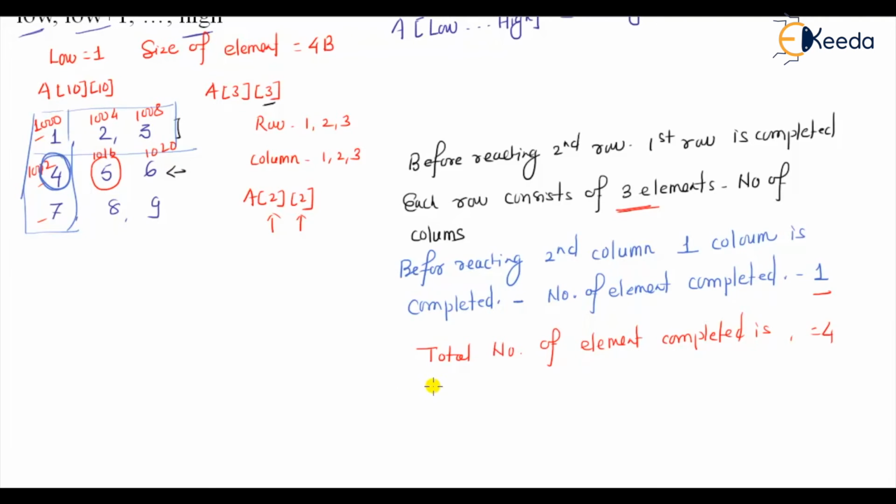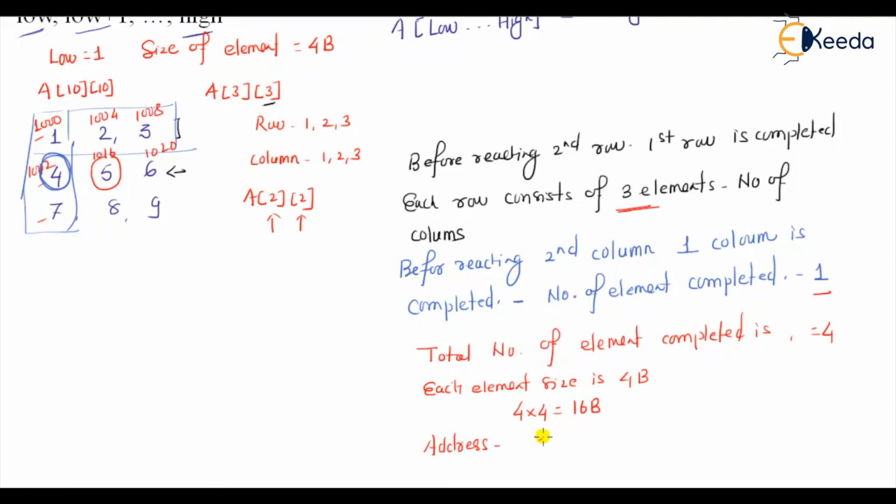and each next argument can be each element, okay, each element size is 4 byte. So now I can say that total 4 into 4, that is your total 16 bytes of space has been taken. And if you talk about the address, then I'll just add here the base address value.